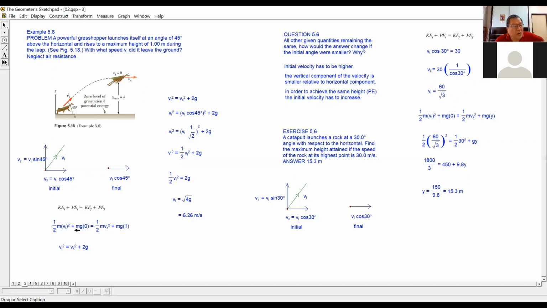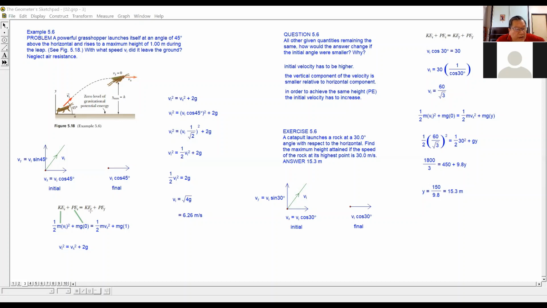So what is the initial kinetic energy? The initial kinetic energy is half mv squared. The initial potential energy is zero because it is at the ground level.